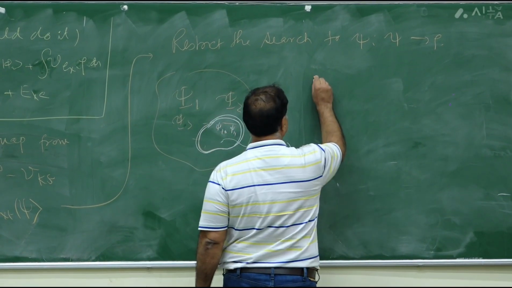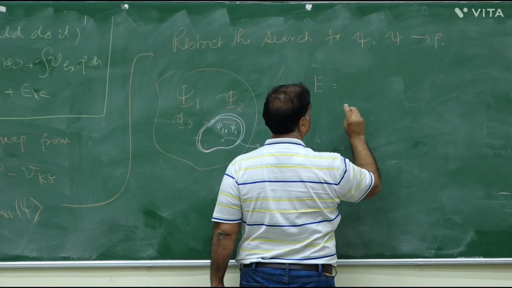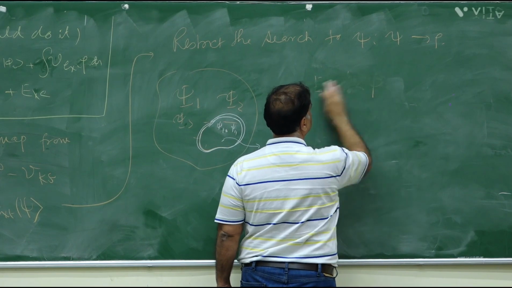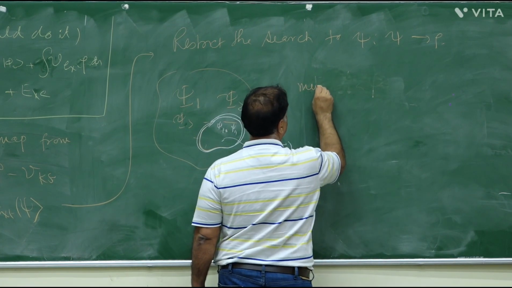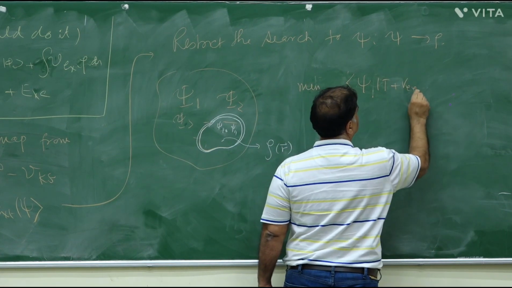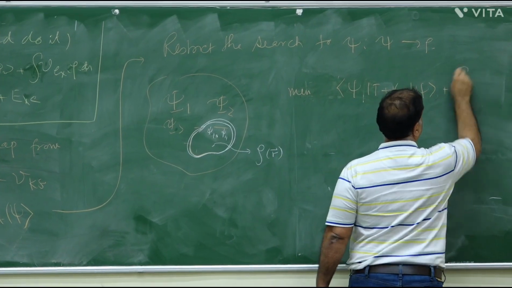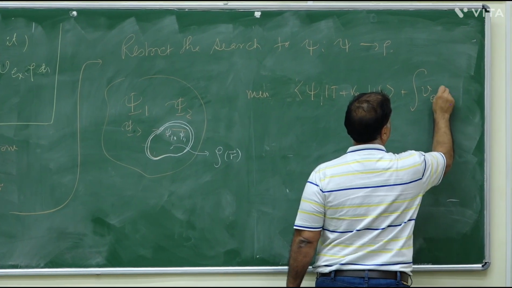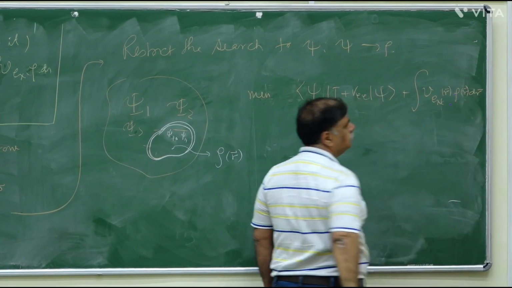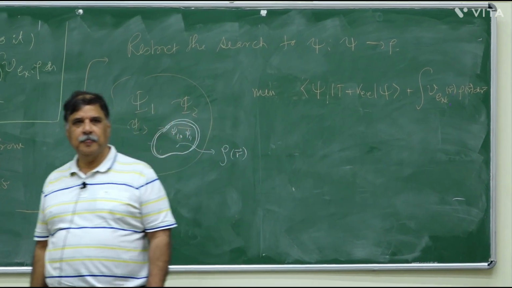Then E would be equal to the minimum over psi of psi T plus V_ee psi plus V external, or some V external, whatever it is. Right?